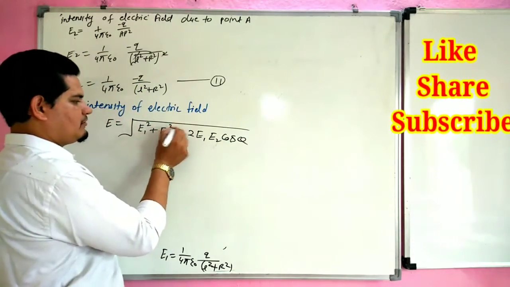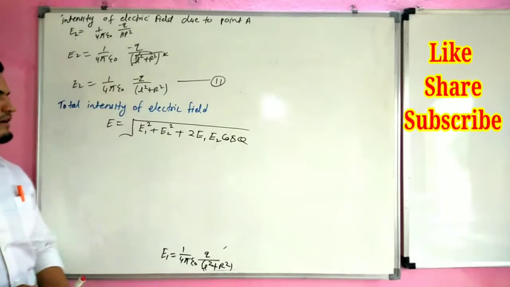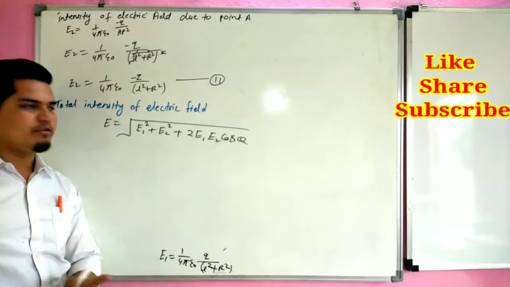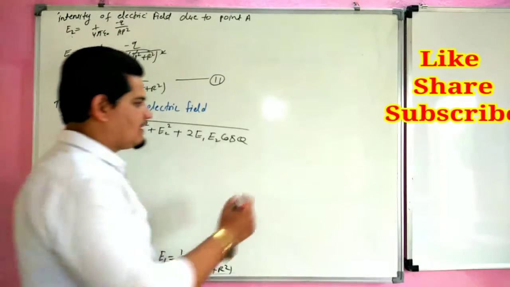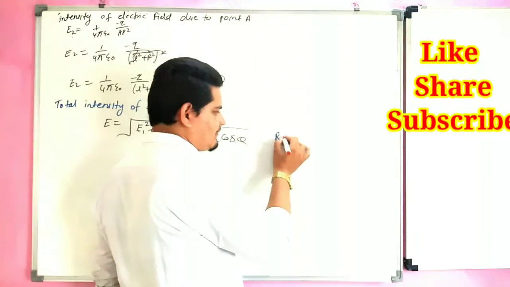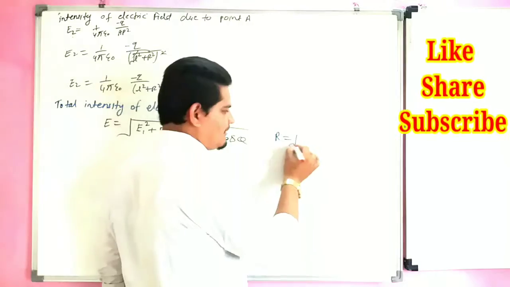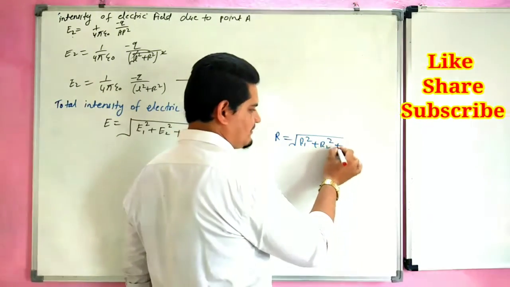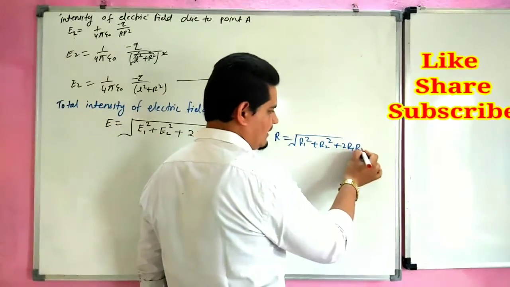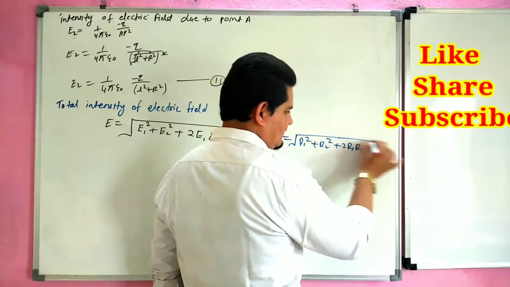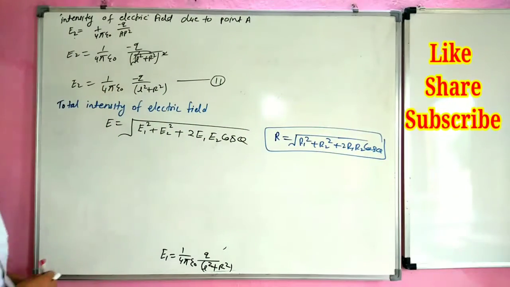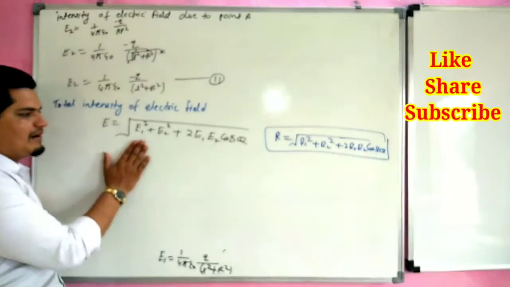We already know this from 11th class. It is the formula of resultant: resultant equals under root R1 square plus R2 square plus 2 R1 R2 cos theta. This formula was used in 11th class.